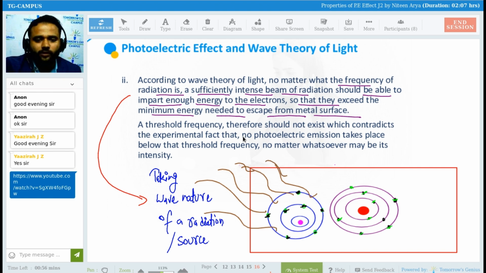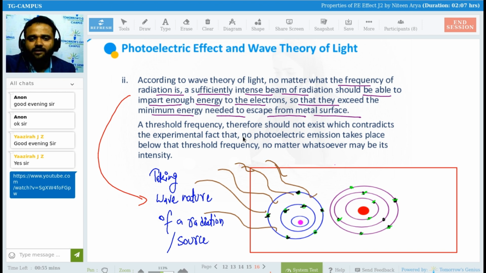According to the wave theory of light, no matter what the frequency of radiation is, a sufficiently intense beam, even if the intensity is very, very high, should be able to impart enough energy.